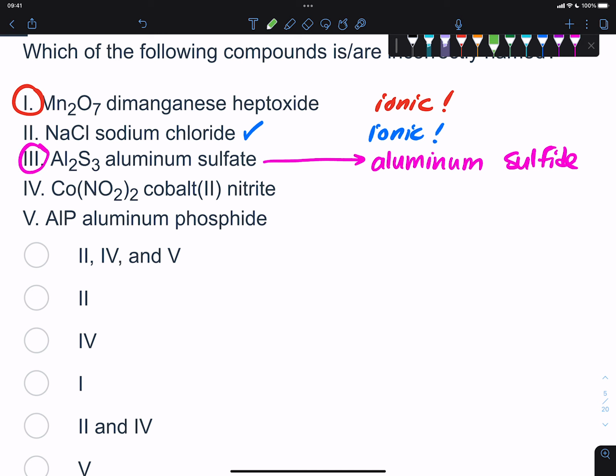This also involves knowledge that you recognize a few different things. Cobalt is a transition metal, which means you do need those Roman numeral parentheses. So far so good. We got the cobalt. It has parentheses, so we know we need them. You will need to be able to verify whether the oxidation state 2 is correct or not. So here's how you do that.